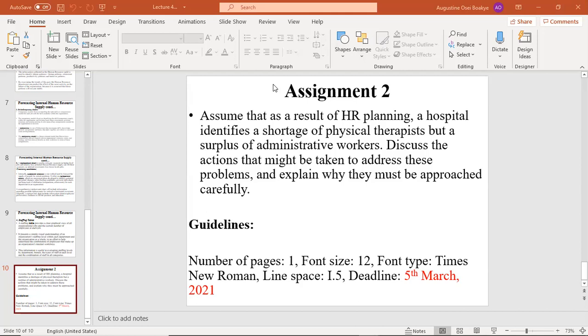Then they will move on to either agree or disagree with the statement. Depending on the position you take, if you agree that it is a continuous managerial activity, then we expect that you adduce evidence or argument to buttress your position.